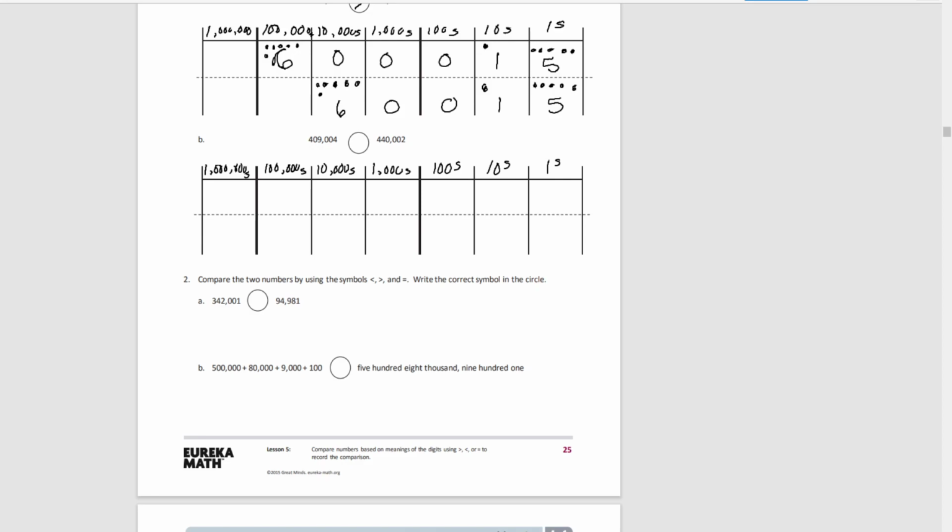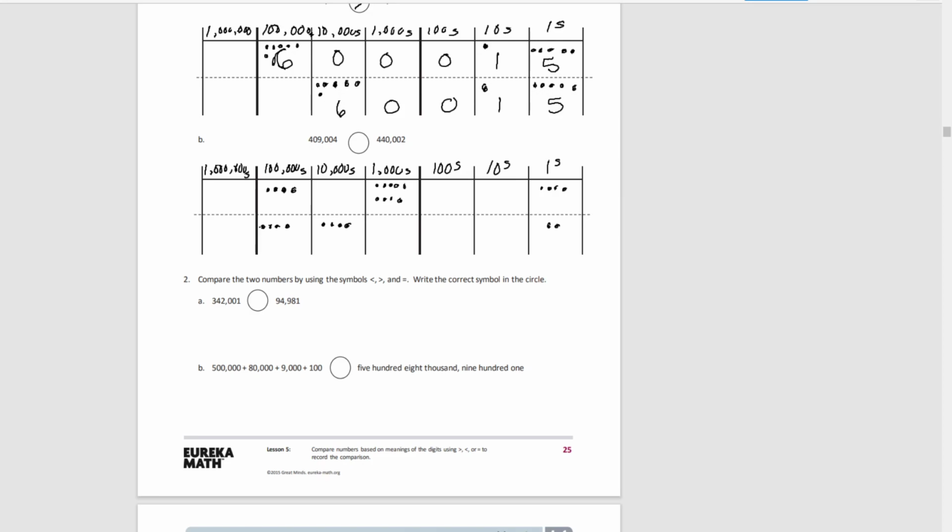So for the first number, we have 400,000s, no 10,000s, 9 1,000s, and 4 ones. For the second number, we have 400,000s, 4 10,000s, and 2 ones.